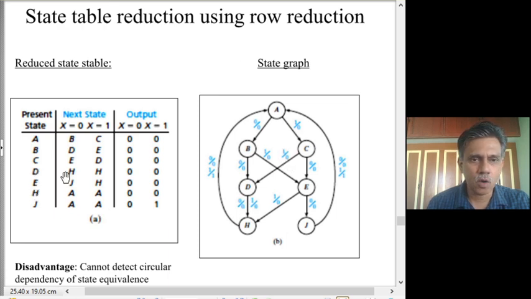In D you always go to H, producing zeros. So from D you always go to H, 0 bar 0, 1 bar 0, always giving an output of 0. And then E, for a 1 you go to H, producing a 0.